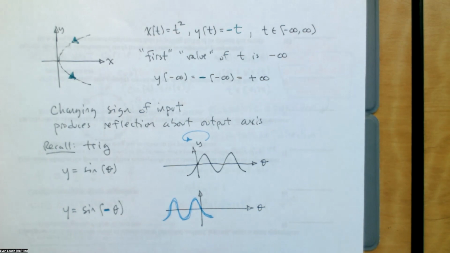When we change the inputs by multiplying by negative 1, I made all the negatives into positives and all the positives into negatives. I've just taken the x-axis and swapped positive infinity and negative infinity. It reflects about the output axis because that's where nothing changes. When x is equal to 0, negative 1 times 0 is still 0.